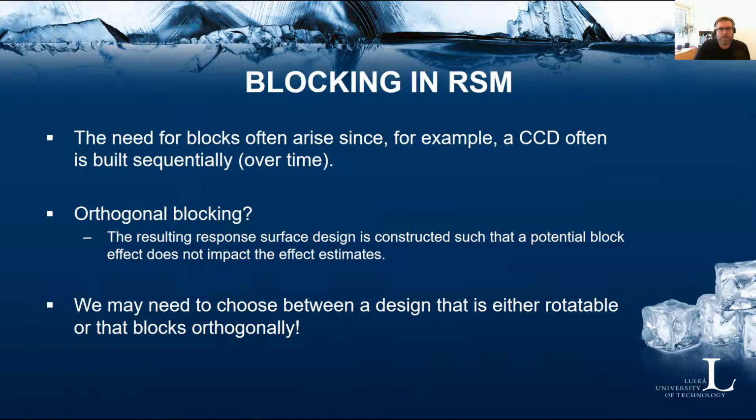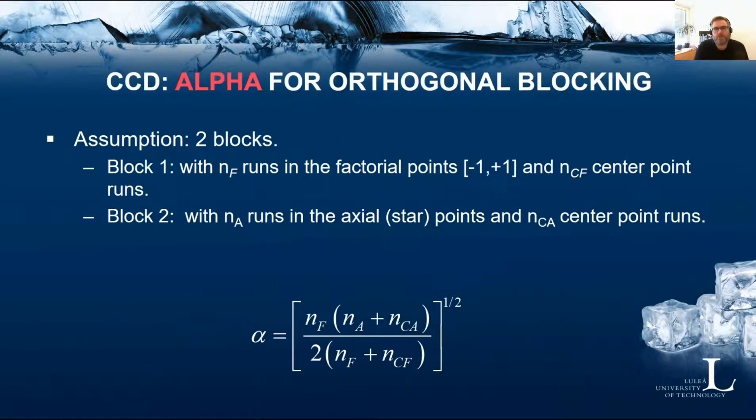Just a small example of this, how we make sure that the central composite design blocks orthogonally, and that's made through the choice of alpha value. In this example, we are assuming that we have two blocks. In the first block, we have NF runs in the factorial points, and we have NCF center point runs.